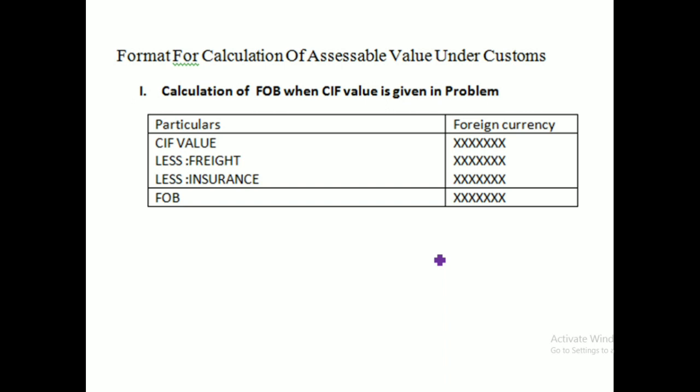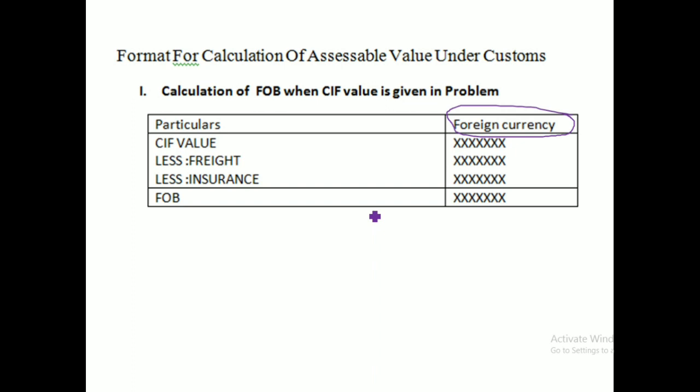Again we need to recalculate. For that, if the CIF value is given in foreign currency, we can calculate from that only. Otherwise we can convert it to Indian rupees.